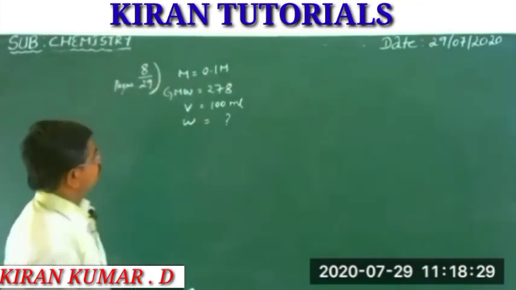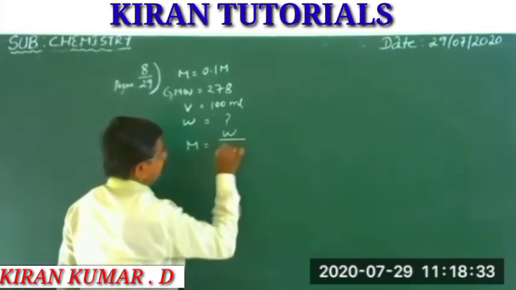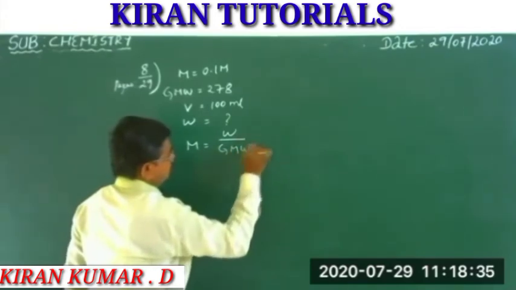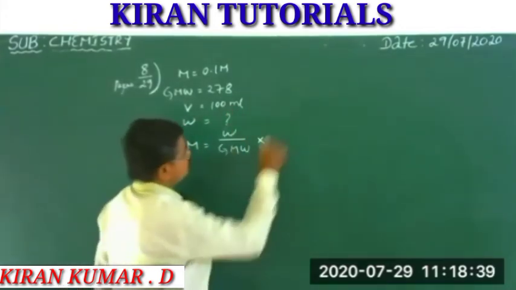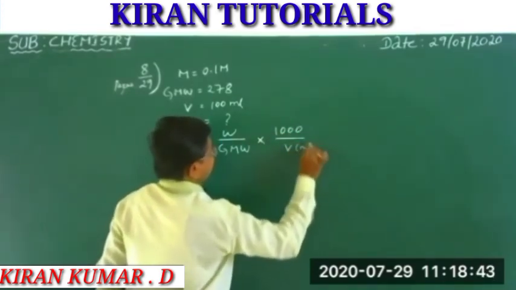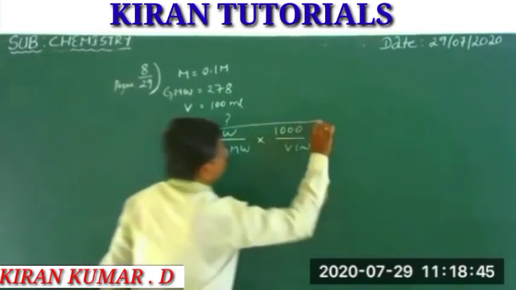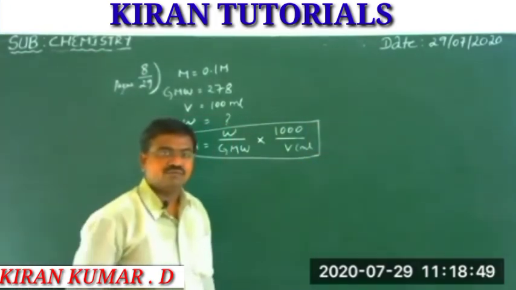Then molarity is equal to, what is the formula? Weight by gram molecular weight into, in ml is present, so 1000 by V, that is ml. It is a formula. But we have to calculate weight of the solute.